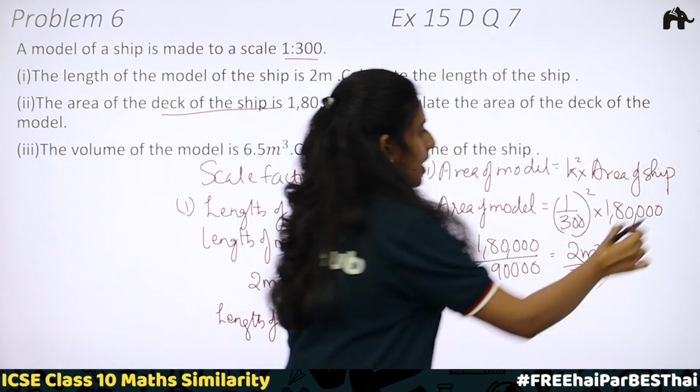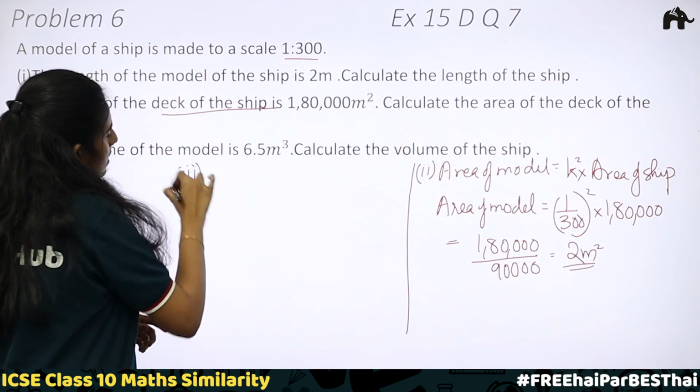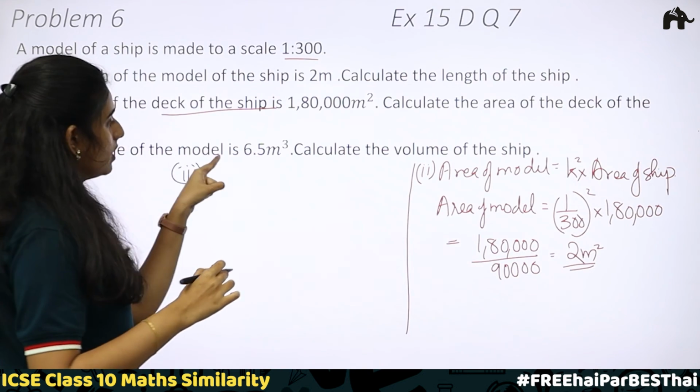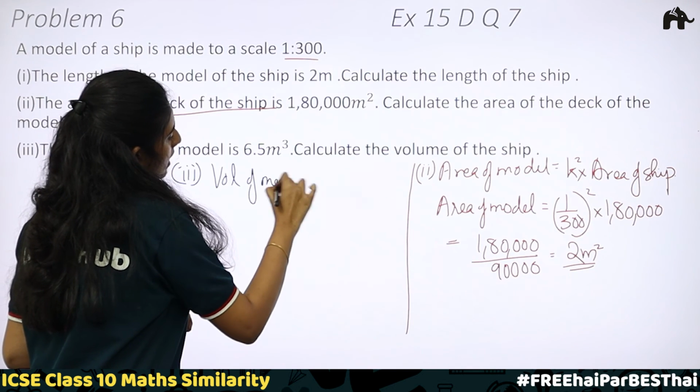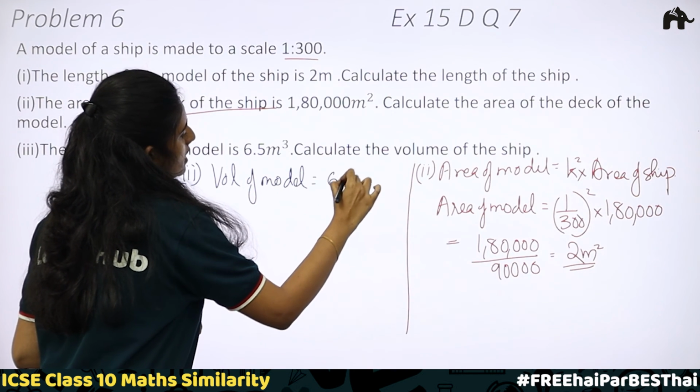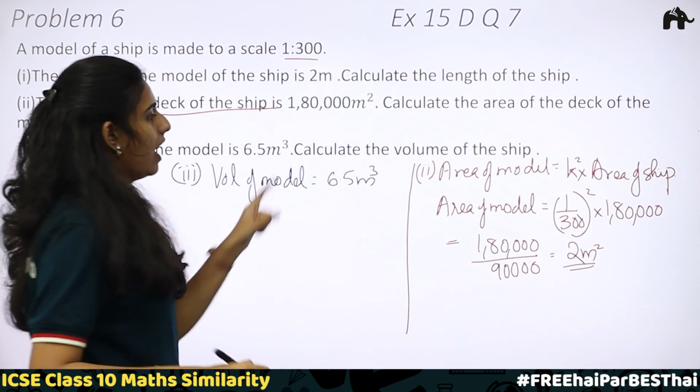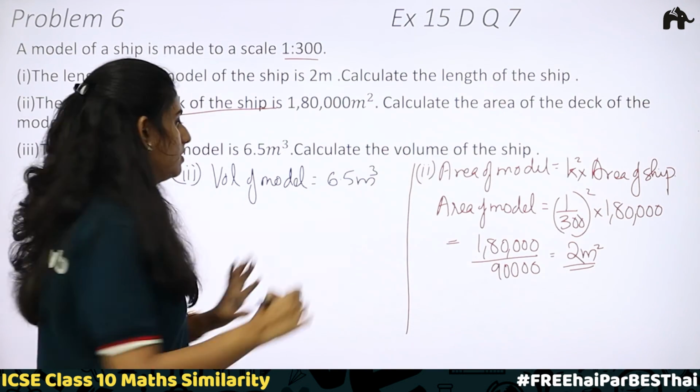Now, the third part. The volume of model is 6.5 meter cube. We have to calculate the volume of ship.